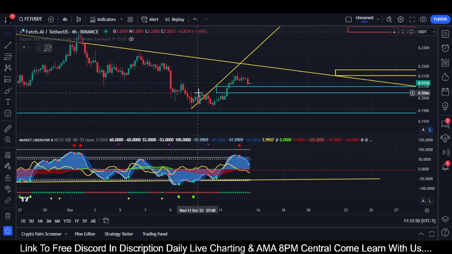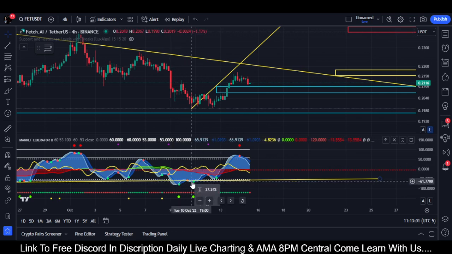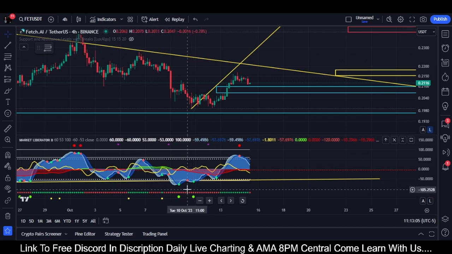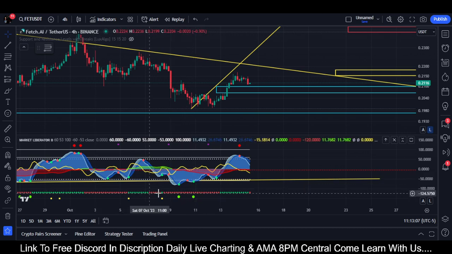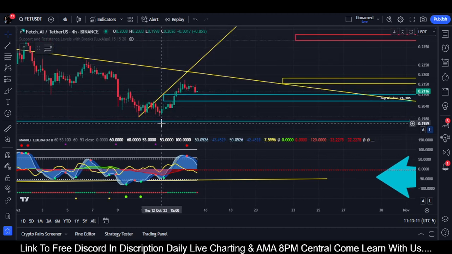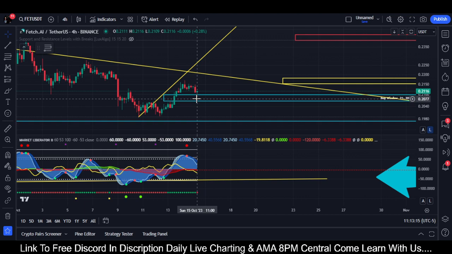Price pushed up, pulled back, bullish engulfing candle. Took the liquidity below the low, but it's sitting here pecking at this level saying, no, I don't want to go any lower. And what did you have here on your 4-hour? Bullish divergence. And as such, price rotated to the upside in a 1, 2, 3, 4 structure.